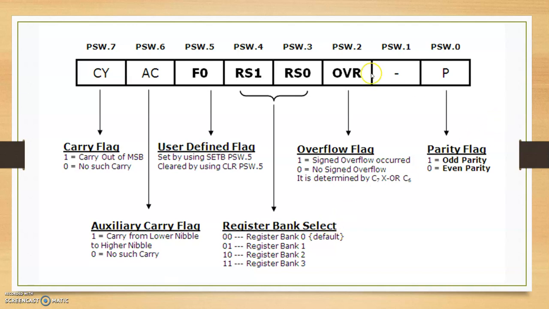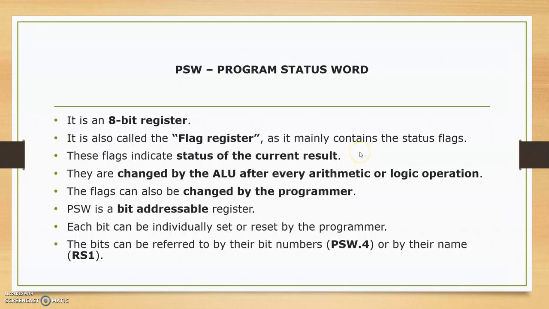So these are the 8 bits, PSW.0 to PSW.7. Each bit of the register indicates a particular flag. It is also called the flag register as it mainly contains the status flags.